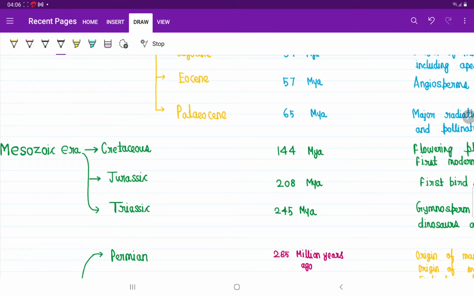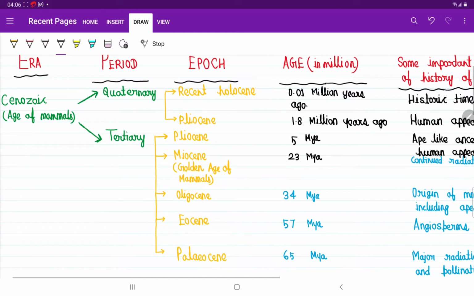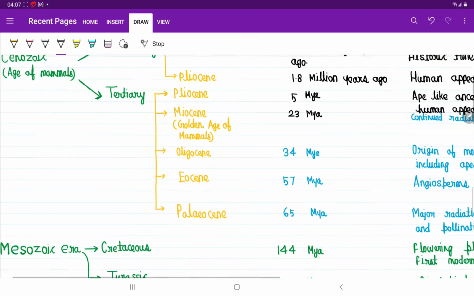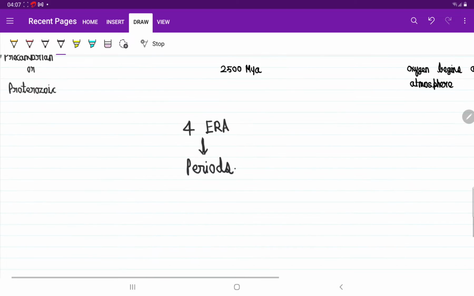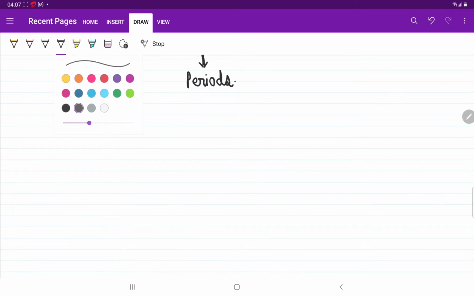Then we divided the Mesozoic era into Triassic, Jurassic, Cretaceous, and our Cenozoic era into the Tertiary and Quaternary periods.